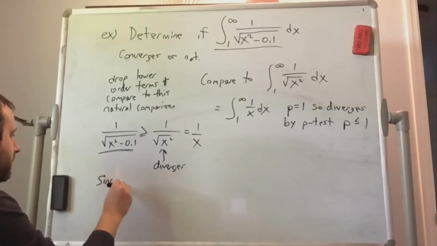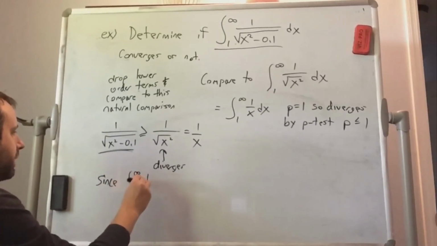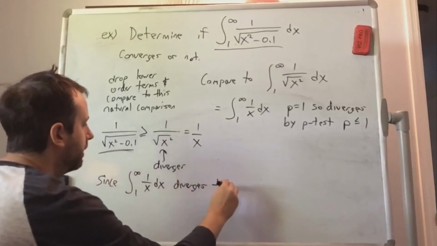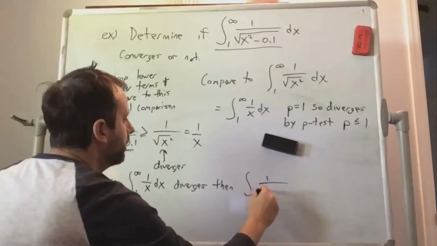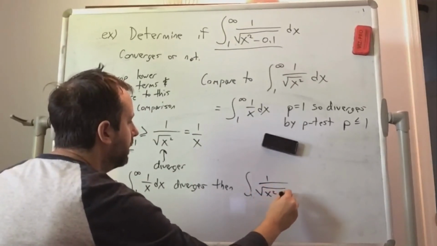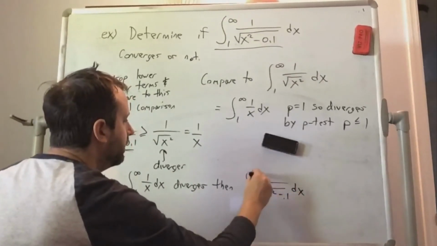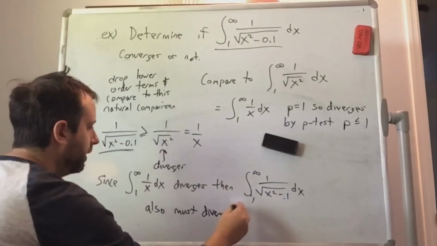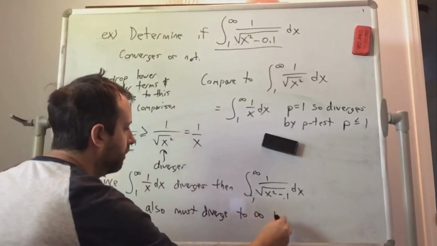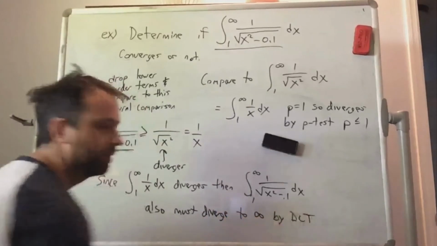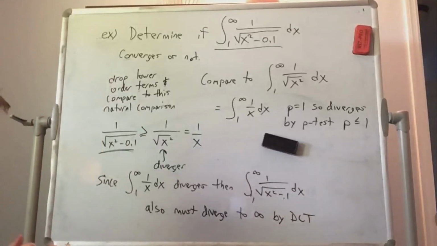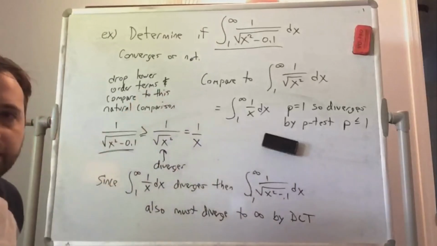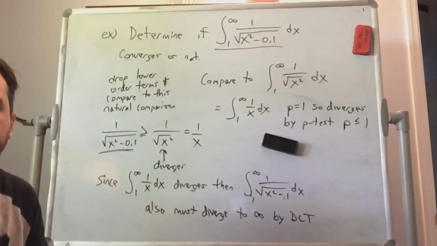So I'm going to say, since the integral from 1 to infinity of 1 over x dx diverges, then the integral of 1 over root x squared minus 0.1 dx going from 1 to infinity also must diverge, I guess I could say, to infinity by the direct comparison test. In fact, it's going to be a larger infinity than the first one, but for our purposes, infinity is infinity, it diverges.